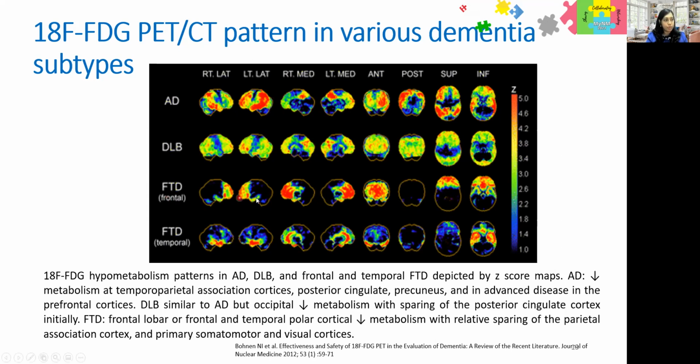For frontotemporal dementia, especially in the frontal subtype, there is extremely reduced FDG metabolism in the frontal regions and also the temporal regions. And there will be marked reduction in the temporal regions in FTD of the temporal subtype. So there will be relative sparing of the parietal cortex in FTD.